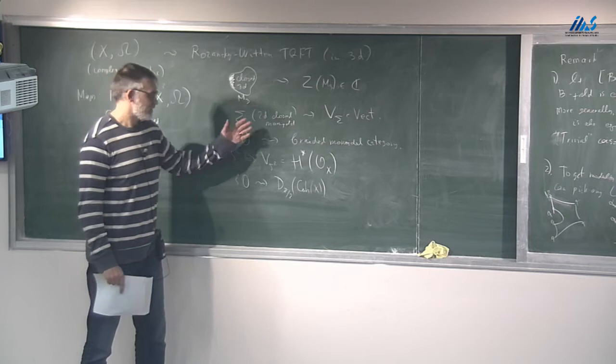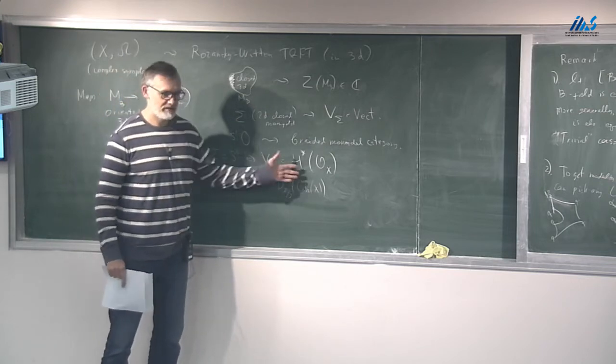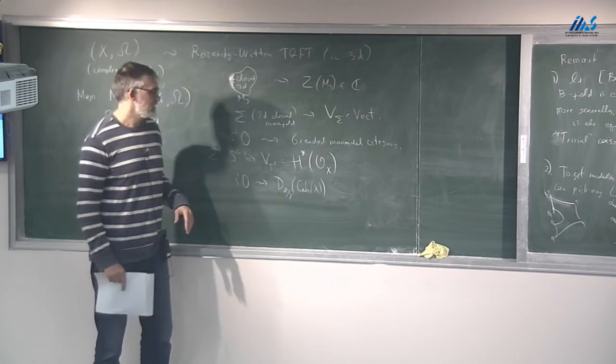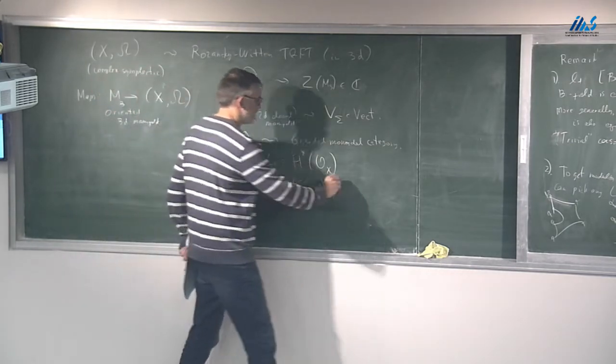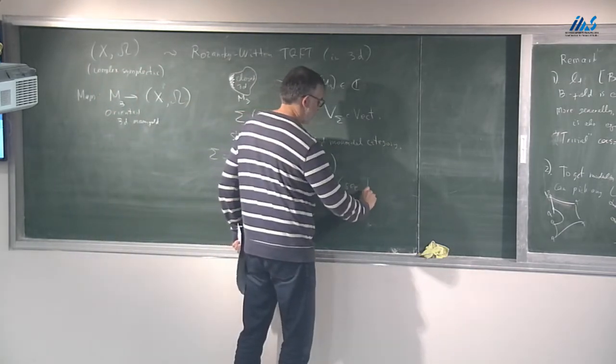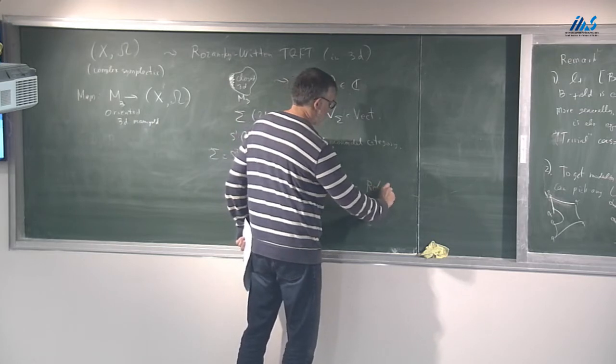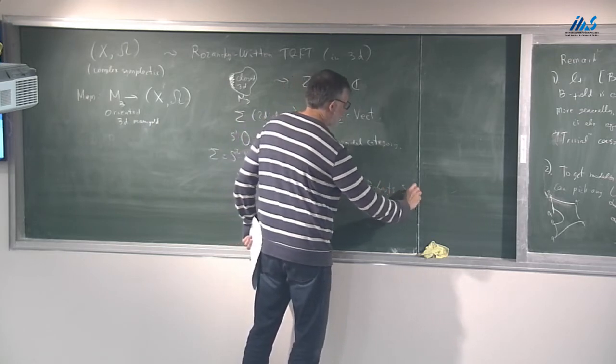So it's a braided monoidal structure. It's not the usual one, which is symmetric. There's a non-trivial braiding. And if you're interested in some explicit formulas, you can check out the paper by Roberts and Sewan.